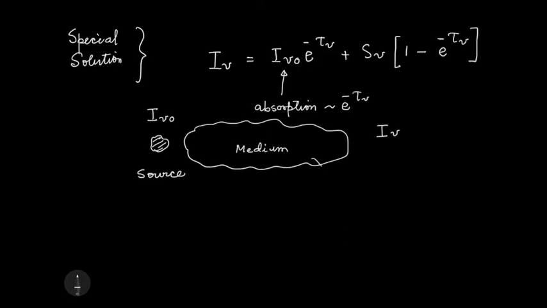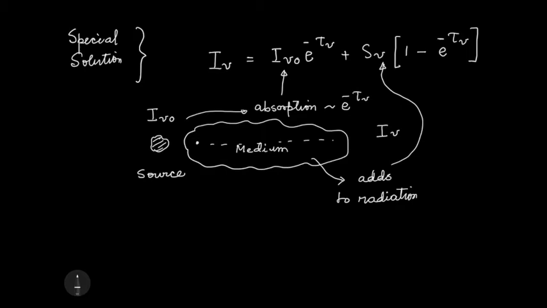So that gives me this term. Then the medium adds. So this is I nu 0 absorption there. The medium adds to the radiation. That is essentially this term. But you see, if the medium adds radiation here, then in the rest of the path of the radiation, some of it can get absorbed.